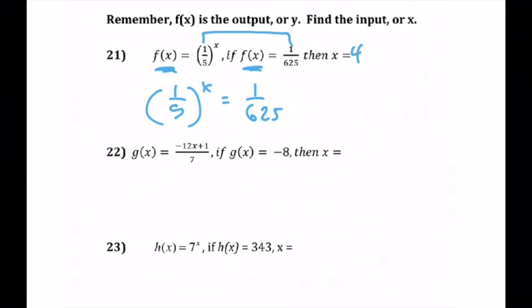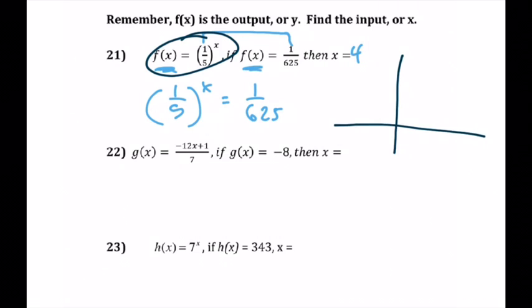Now, by the way, you guys, that means that at the point 4, 1 over 625, that's where these two graphs are going to meet up. This is a system of equations. So if I was to graph this equation, 1/5 to the x power, that is an exponential decay. If this is 1 and it's going down like this, that's what that one looks like.